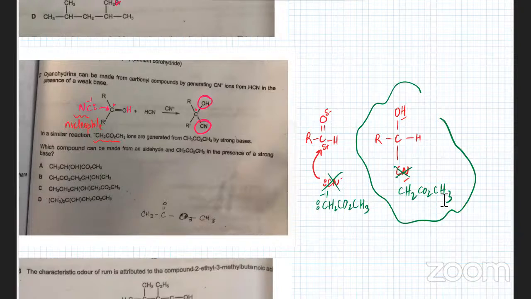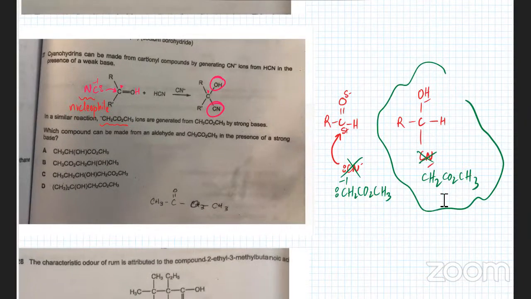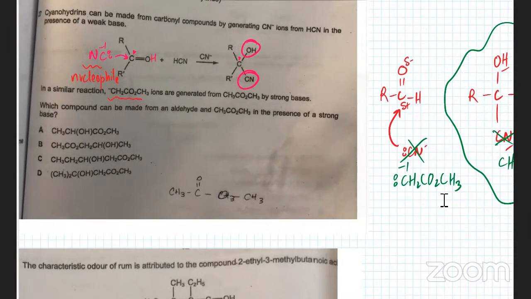C. Okay, so you got a CH, and with that CH it has an OH attached, and it's got this CH2 CO2 attached as well. If you draw the entire thing, this one has an H, it's got an OH, and at the bottom it's got a CH2, CO2 and CH3 as well.